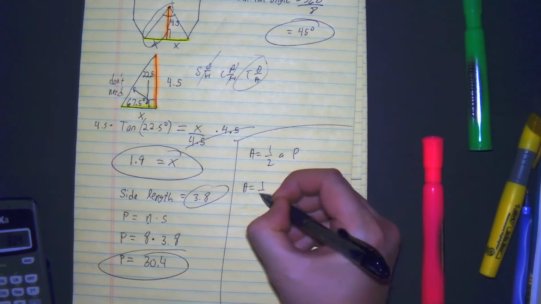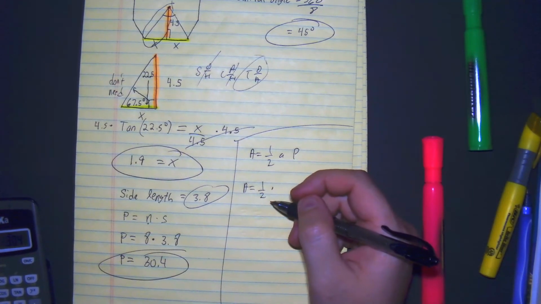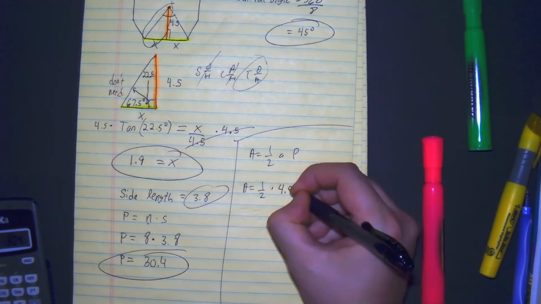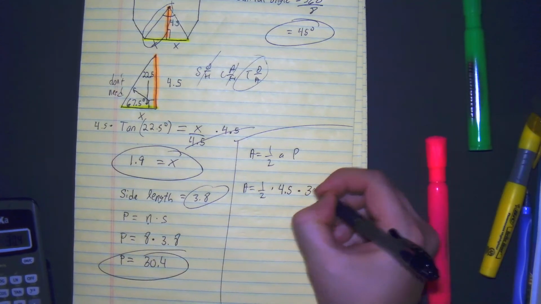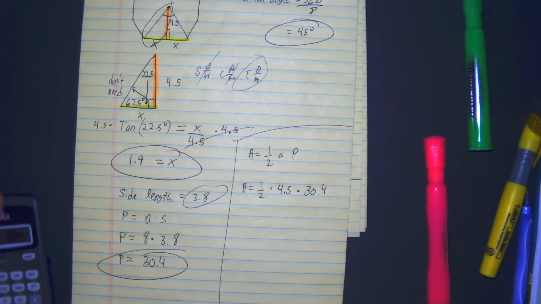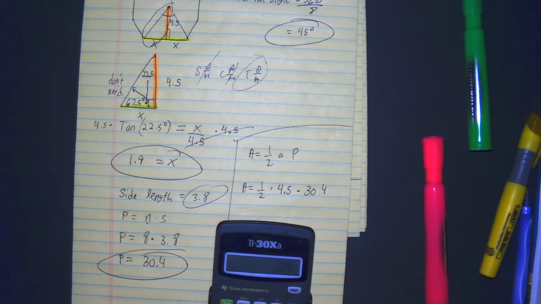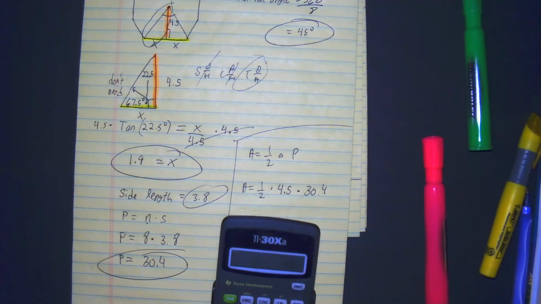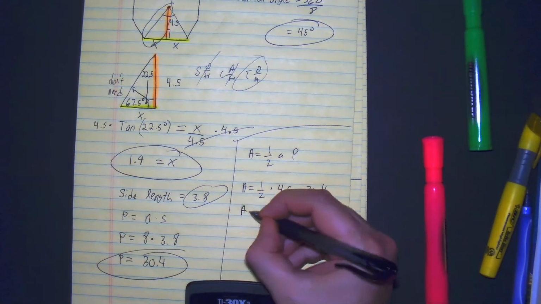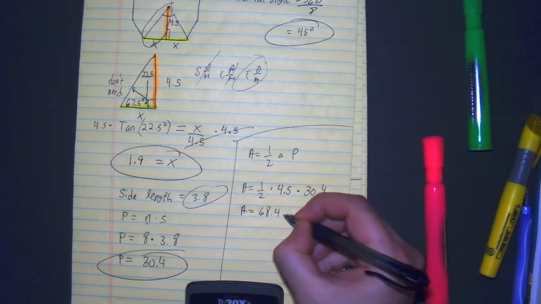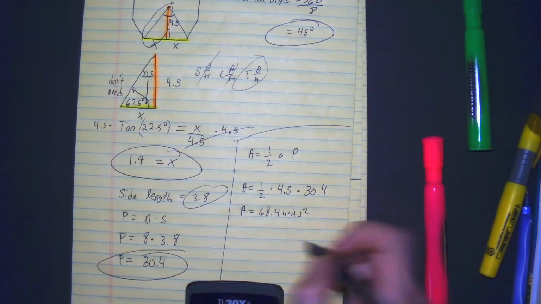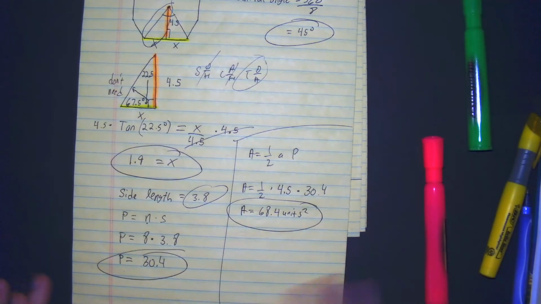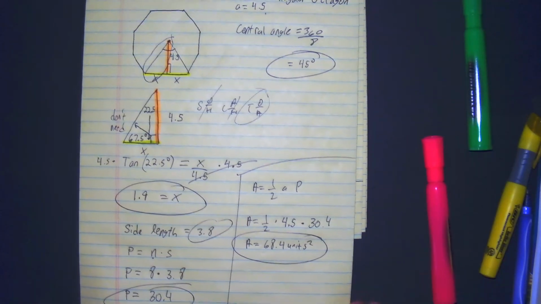Area is equal to 1/2 times 4.5 times 30.4. So 0.5 to represent the half times 4.5 times 30.4 gets you the area is equal to 68.4 units squared. All right, and that's it for it.